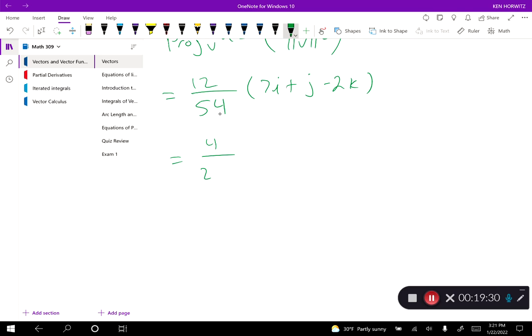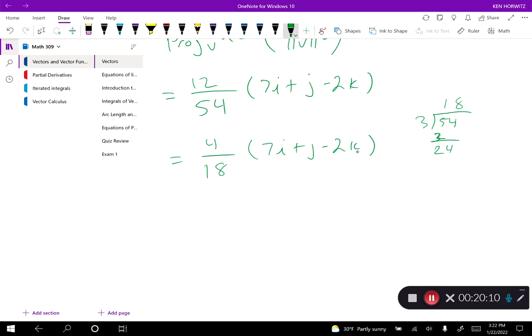So 12 over 54 becomes 4 over 18, times 7i plus j minus 2k.